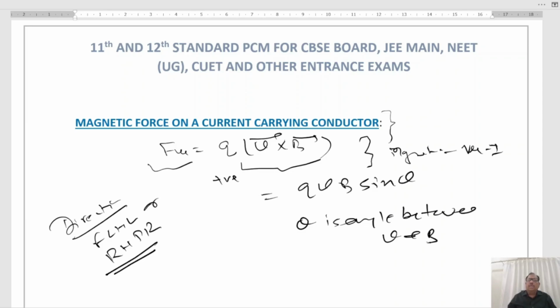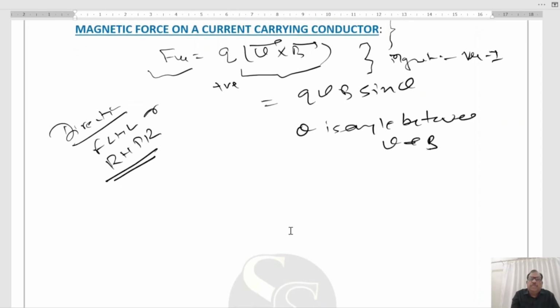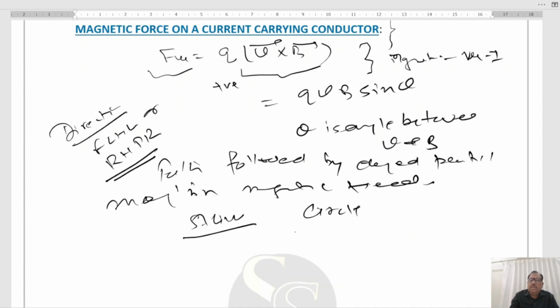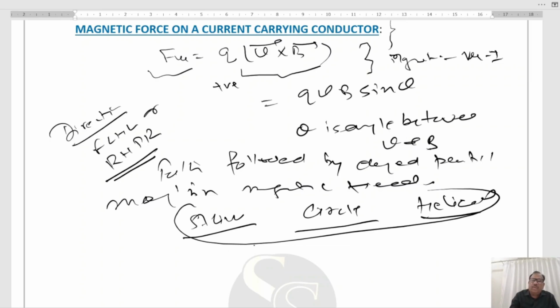Then we discussed the path followed by a charged particle moving in a uniform magnetic field. That will be a straight line, a circle, or a helix. All these three concepts were discussed in magnetism, very basics, session 2.